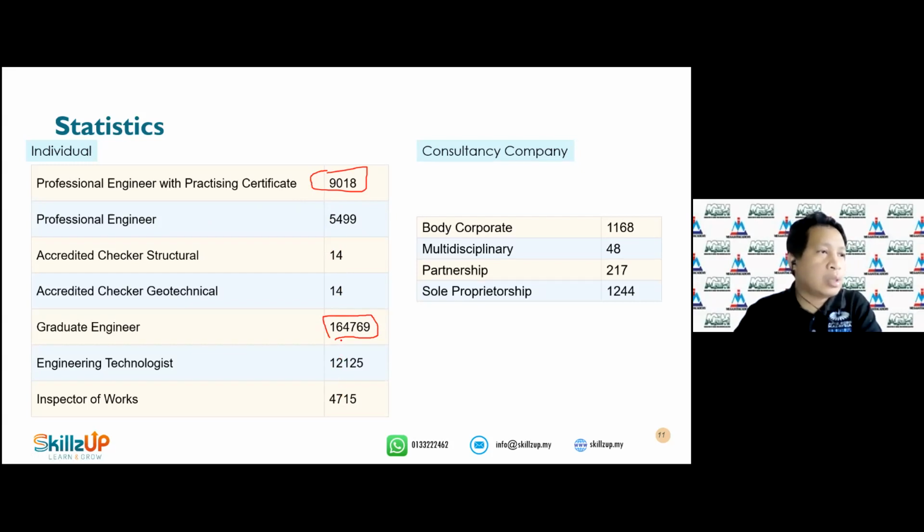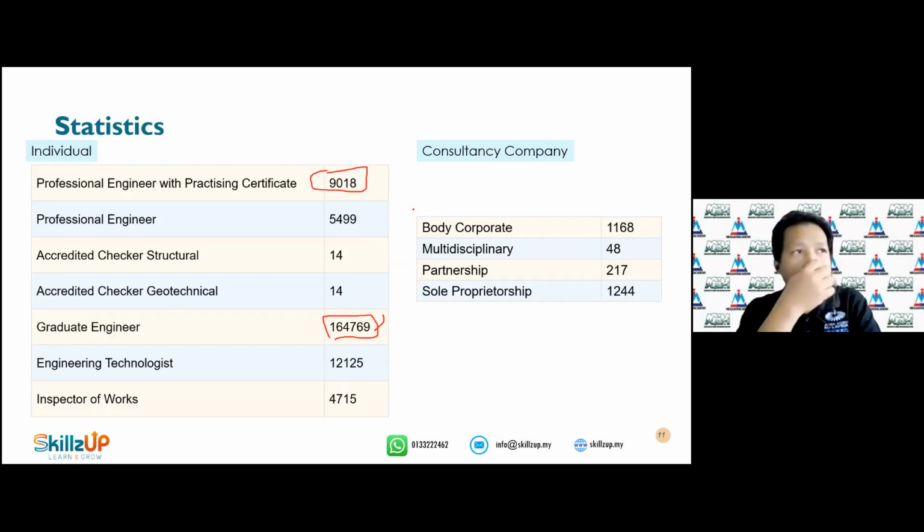Okay, so I think it is very good for you because you might be coming from this group that hopefully has the experience, and now it is time that you can apply to become a professional. The Board of Engineers also allows a professional engineer to set up a firm and practice engineering consultancy and advice.